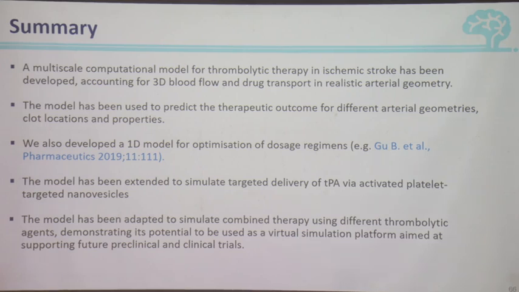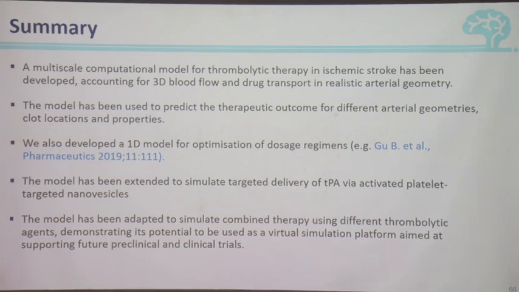We're not talking about a few hours. We're talking about sometimes a few weeks, even on a high-performance computer. So it is time-consuming. So we developed a 1D version of that, to see to what extent some of the key outcomes can be reproduced using a reduced order model.